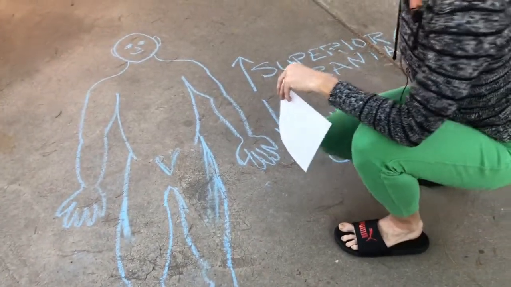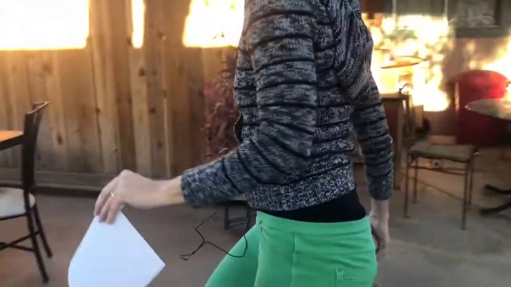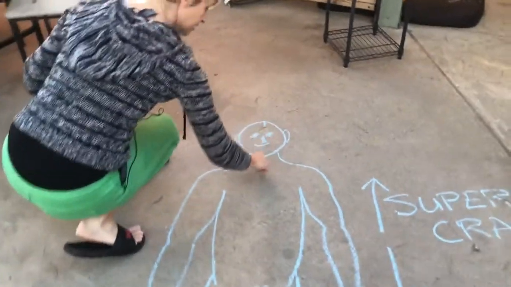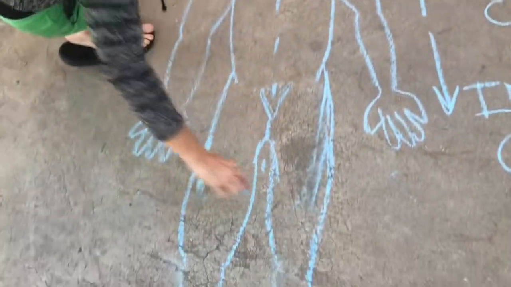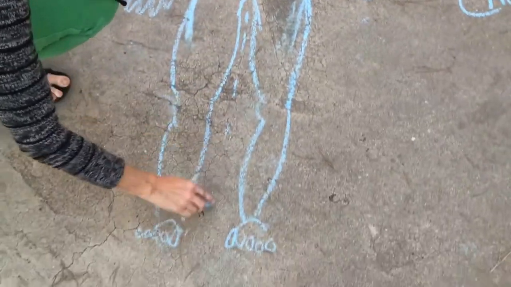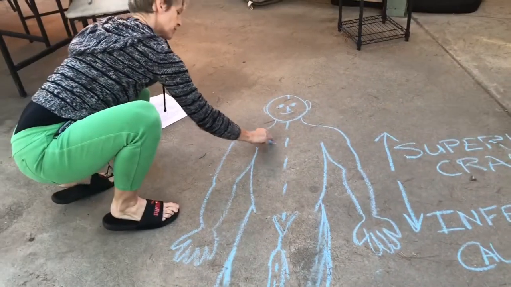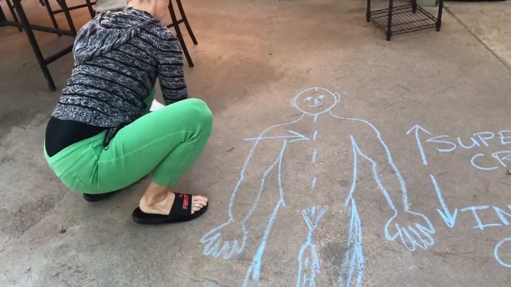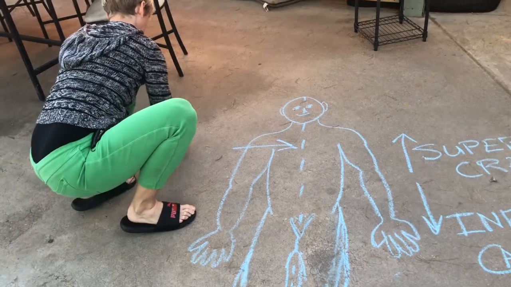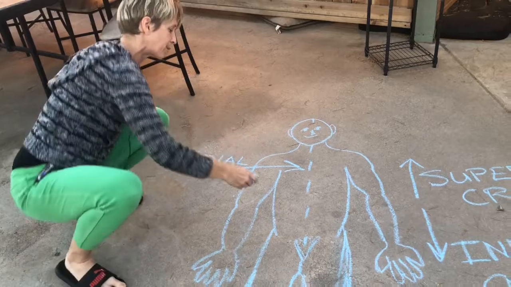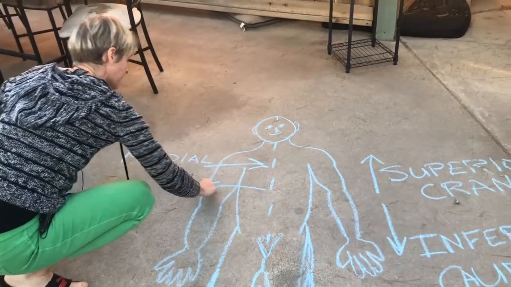Okay, superior and inferior. Next 2, let's do medial and lateral. For medial and lateral, let's assume we have this imaginary line going down the middle, which is our midline. Medial refers to toward the midline, and its opposite, lateral, means away from the midline.